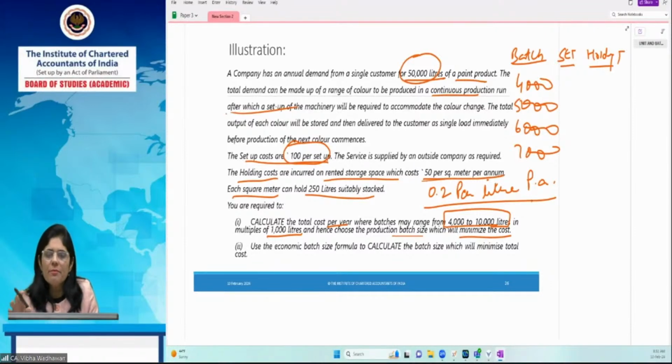Whatever batch size gives us the minimum cost, that batch size we will be selecting. And that batch size ultimately should be the economic batch size also. Clear? Because at economic batch quantity, setup cost and holding cost together are the minimum. So whatever batch size gives the minimum cost should also be the EBQ, the economic batch quantity. So let us do it in a trial and error method.